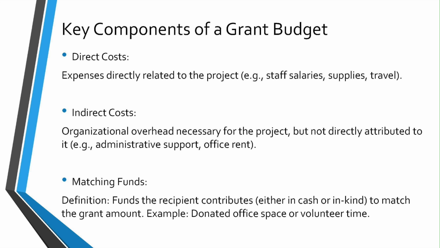The next thing is, when we are planning for any grant, when we are making a budget, we have to make sure there are at least, but there could be more than that, at least 3 types of expenses. There are at least 3 types of costs, and the first one is direct cost. Direct cost means the money which is spent directly for the objective of that grant, for the objective of that project.